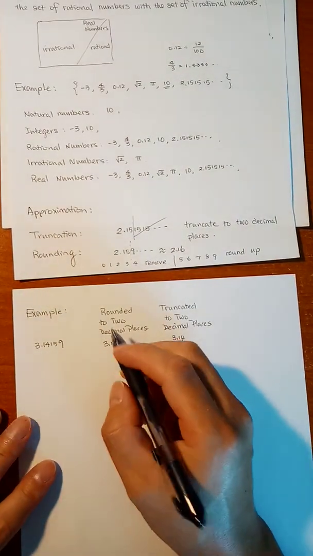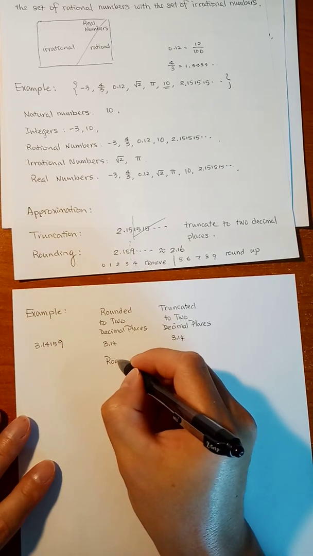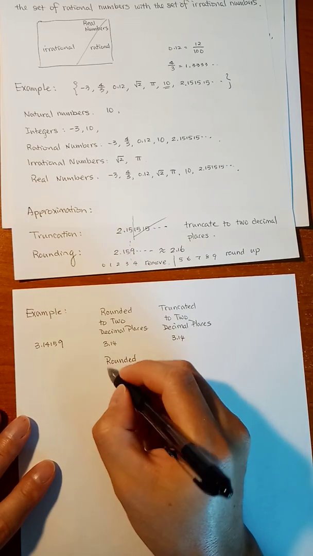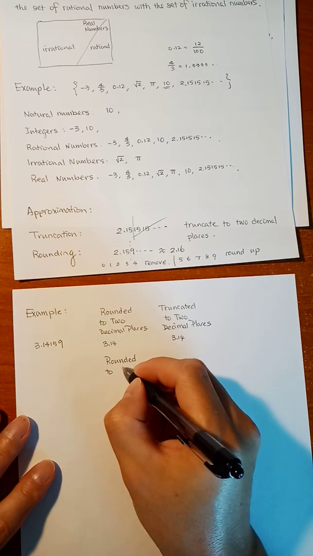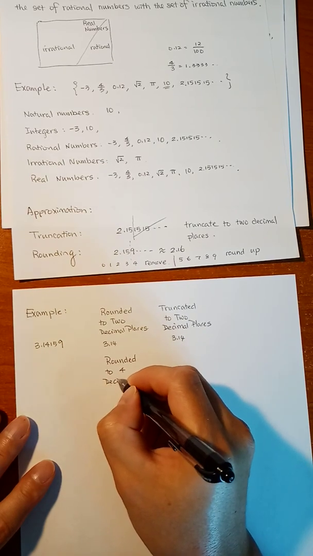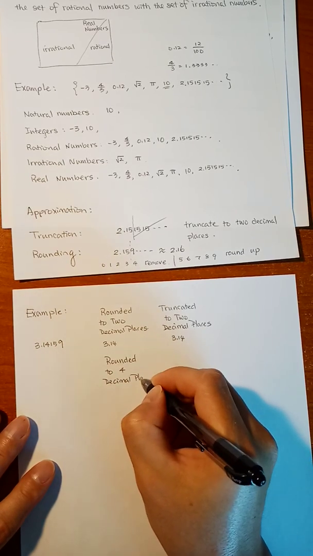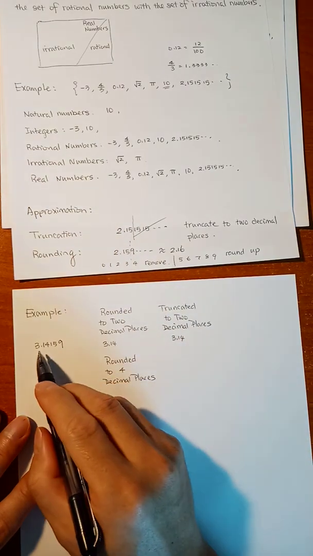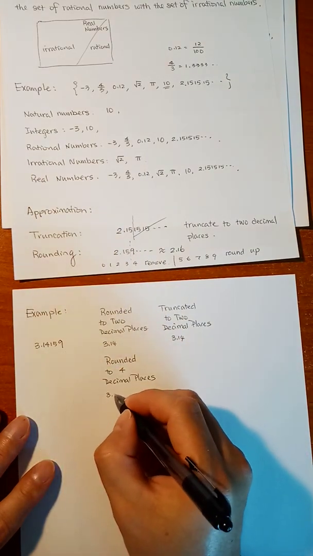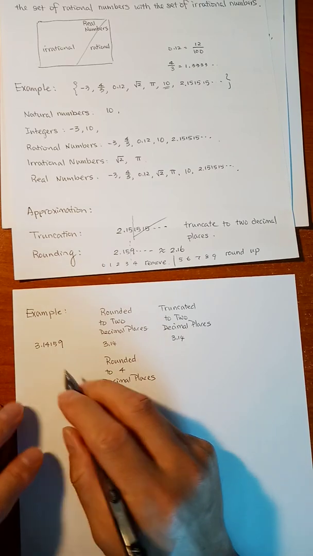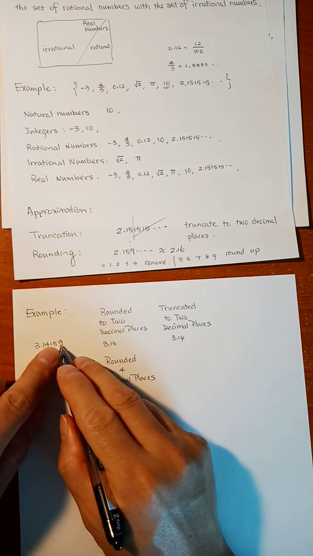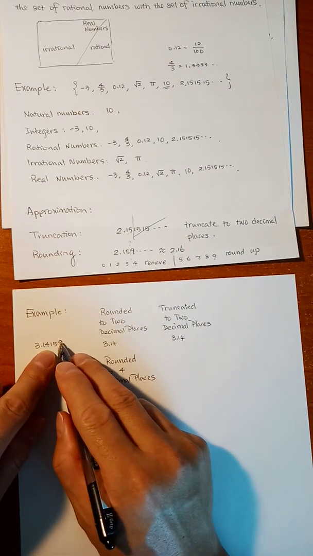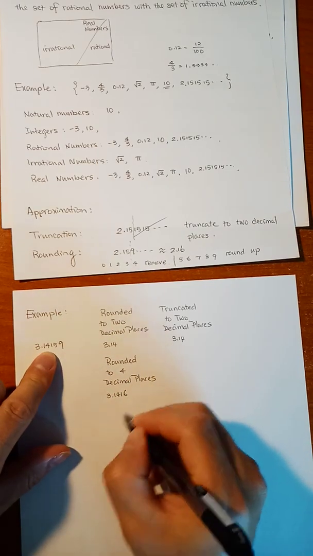Okay, but if you round it, if the number is rounded to 4 decimal places, you will see 1, 2, 3, 4. So 3.1415, but the 5th decimal place is 9, it's too big, so you just round up, so it's 6.